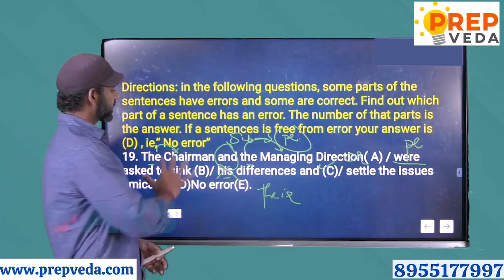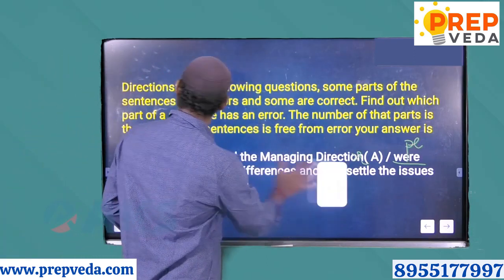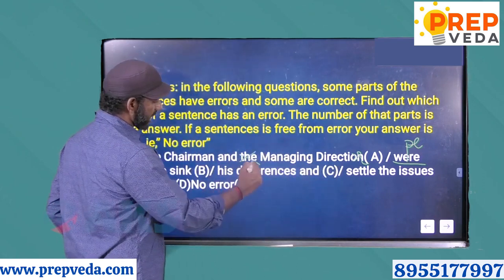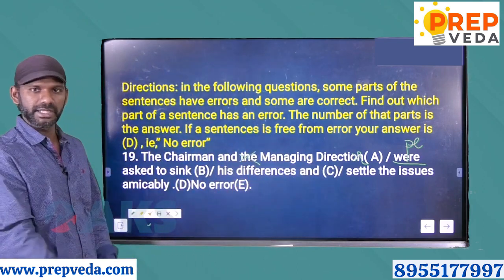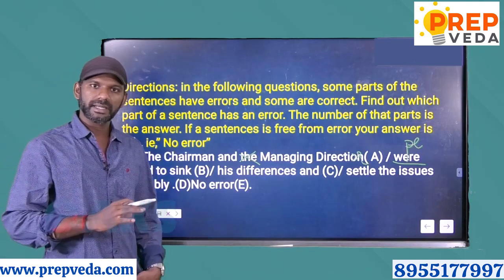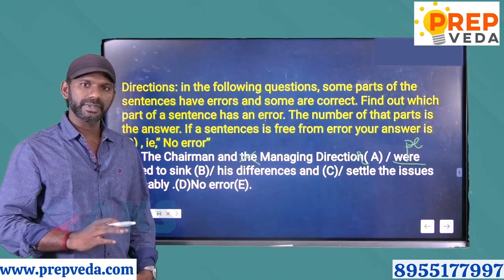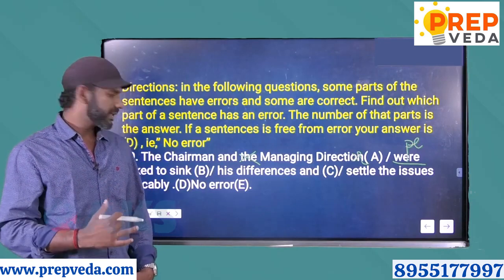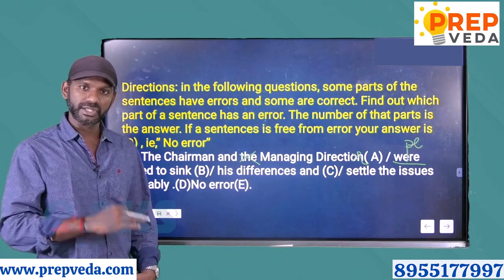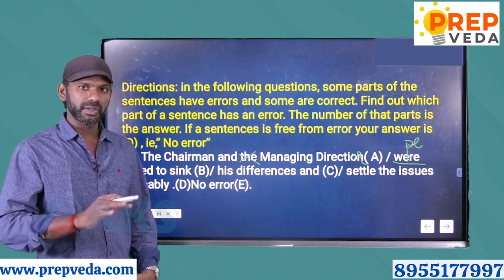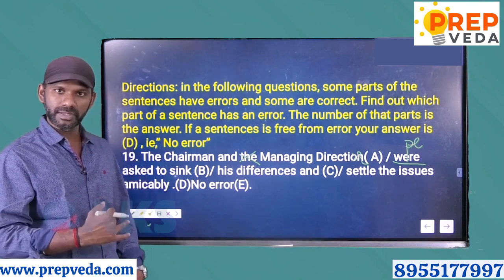Now, if I change the sentence this way, the chairman and managing director, there is only one person here and the same person is playing two roles. The same person is chairman as well as managing director. That means the subject is singular, only one person. The verb and the pronoun must also be singular.